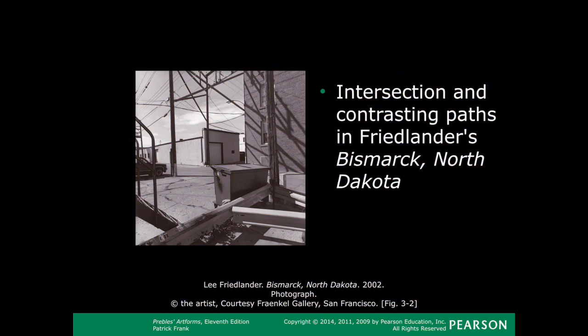And we are looking at a photograph here called Bismarck, North Dakota, made in 2002 by Lee Friedlander. The intersection and contrasting paths in the photograph. And so we are still talking about line. Let's take a look at some of these shadows being created by the objects in the scenery.